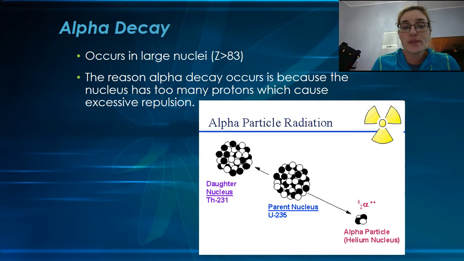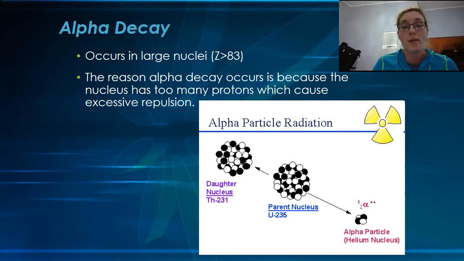Alright, so alpha decay occurs in really large nuclei, ones that have an atomic number greater than 83. The main reason is that the nucleus has too many protons, and because the protons are repelling each other, there's not enough neutrons and not enough nuclear force to distribute amongst those protons to dampen that down.